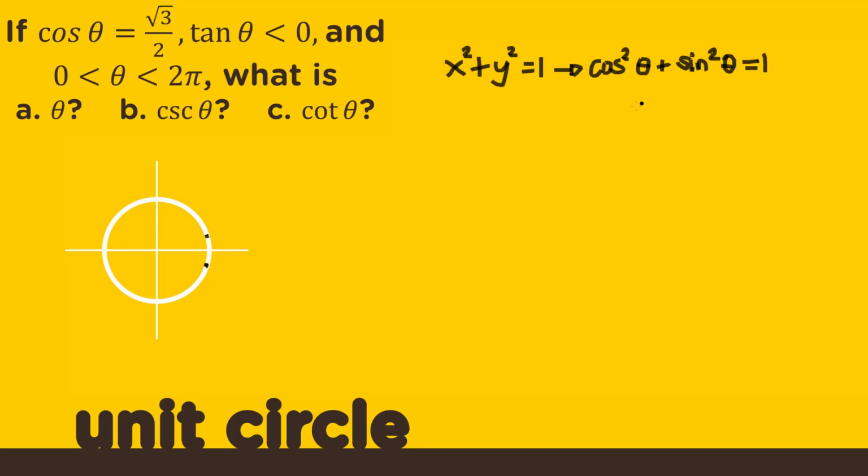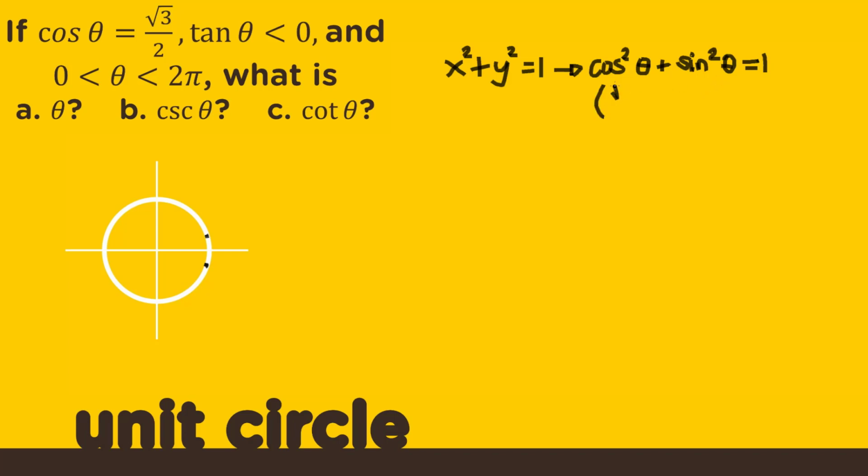We're solving for sine first, even if it's not what is asked here, so that we could determine which terminal point we are referring to. We already have our cosine being square root of 3 over 2, and we're going to use this identity to solve for sine.